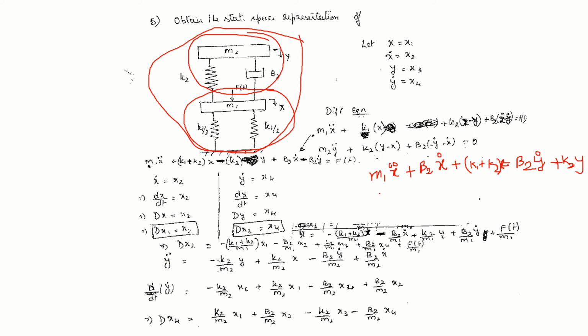The other equation you get is m2 y double dot plus f of t, I should get here.